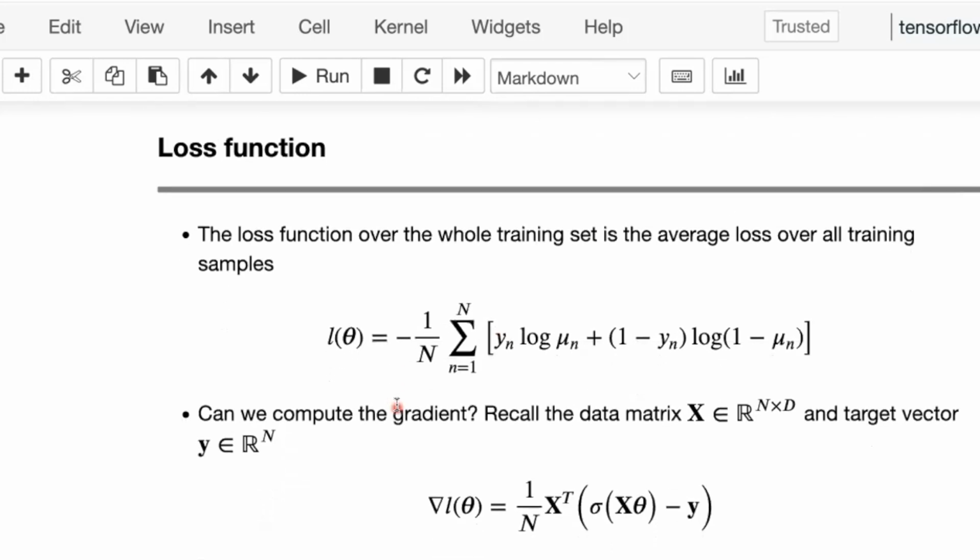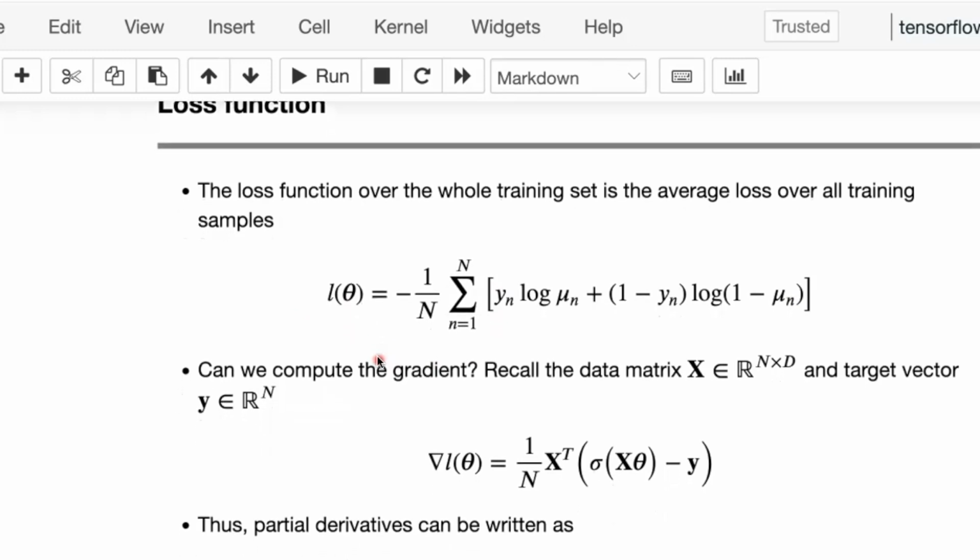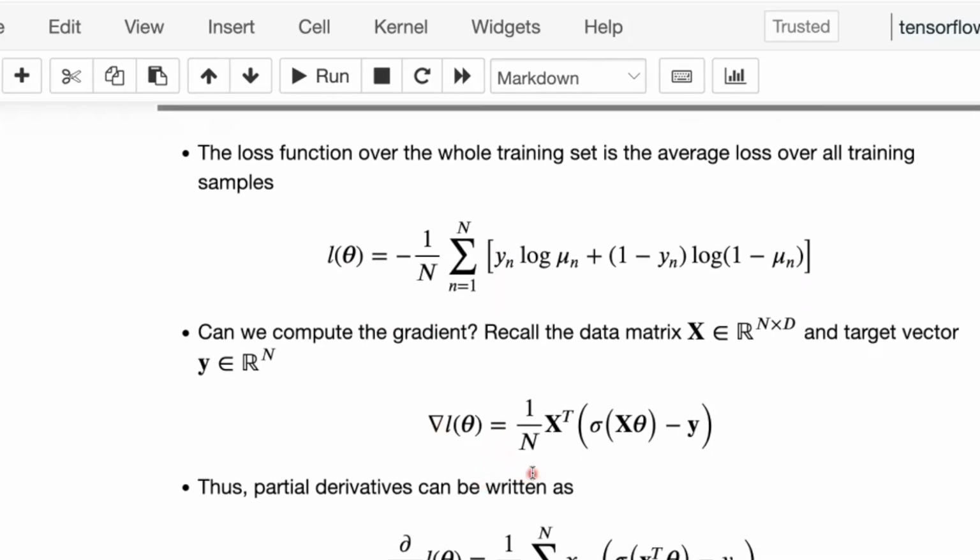And then the other question is, can we compute the gradient of this loss function with respect to the parameter vector theta? In this course, we are not going through all the details here, but it actually has a form which is very similar to linear regression. In the linear regression case, this was X transpose (X theta minus y). And remember, X is your data matrix of size n by d, where n is the number of data points, d is the number of features, and y is in R^n.